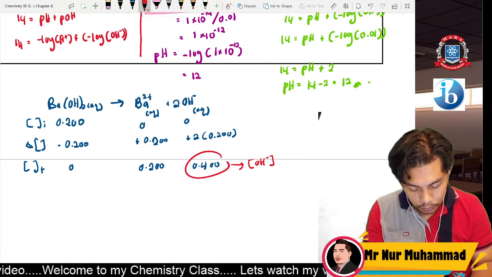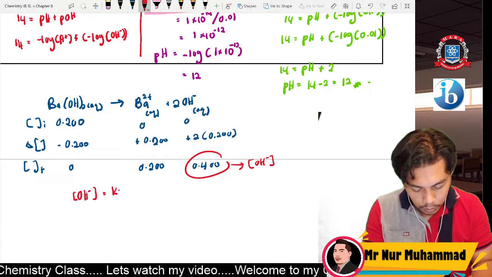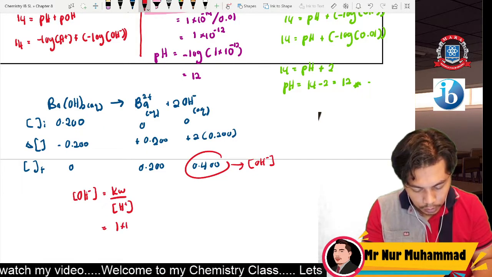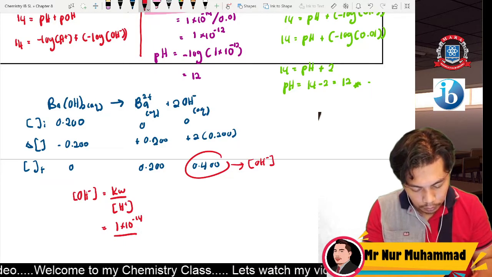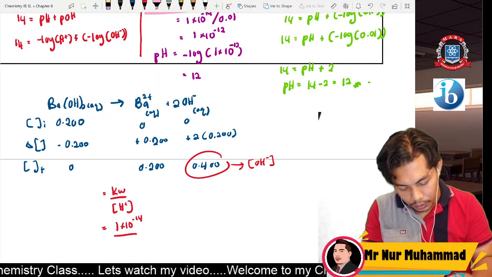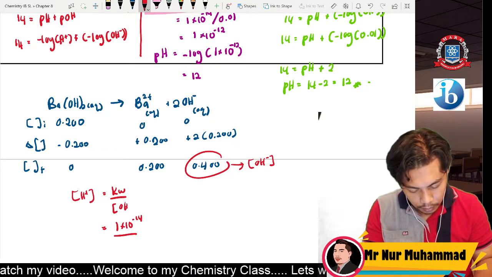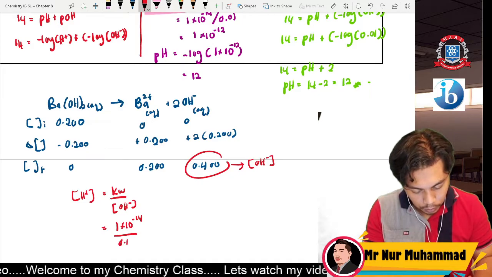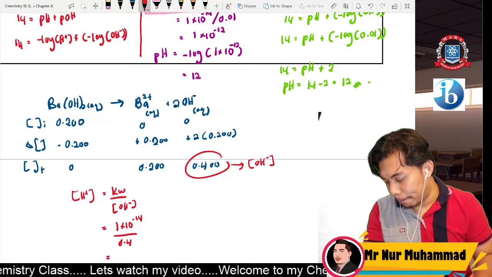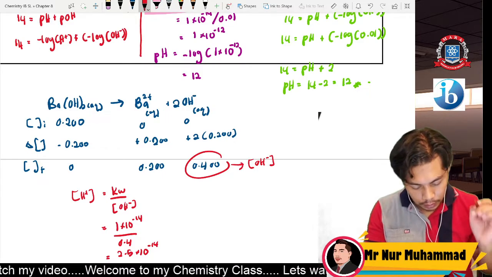We can use the formula: H plus equal to Kw divided by hydroxide ion, so 1 times 10 negative 14 divided by 0.4, and the H plus is 2.5 times 10 negative 14.